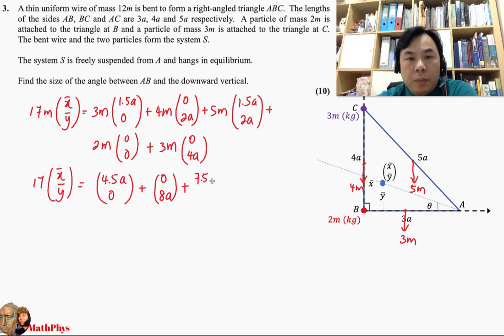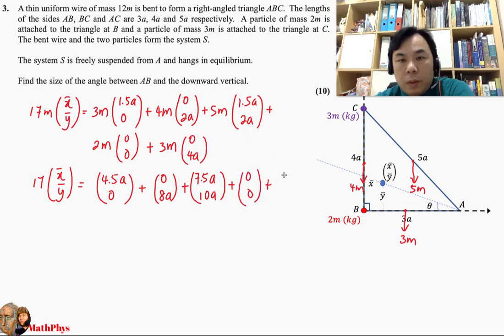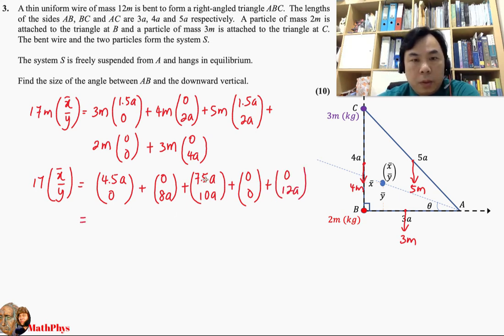and then we have 7.5a, and then 10a, and after that 0, 0. Then finally I have 0, 12a here. Then after that I'll have 12a, and this one is 30a.